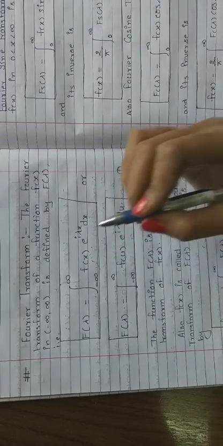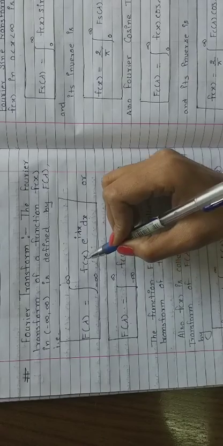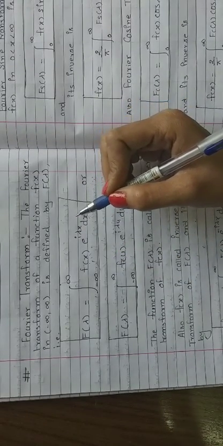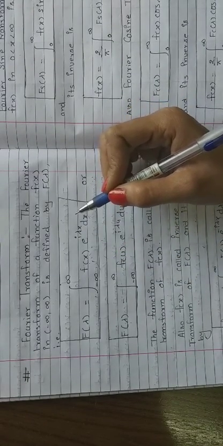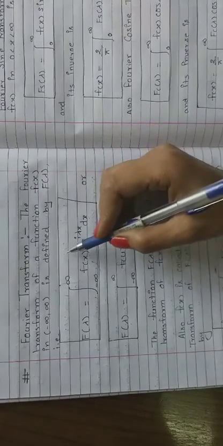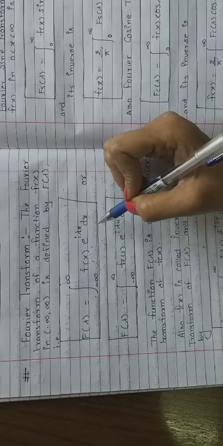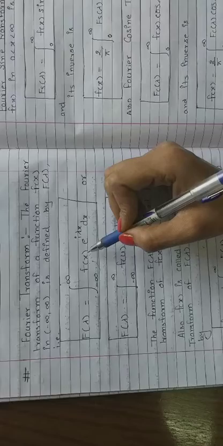But if you judge whether your f(x) is an even function or an odd function, then we have some more transformations based on the concept of even and odd functions, students. So it is not compulsory that we will always apply this definition for the solution, because if our function is an even function or an odd function, we have some more transformations.